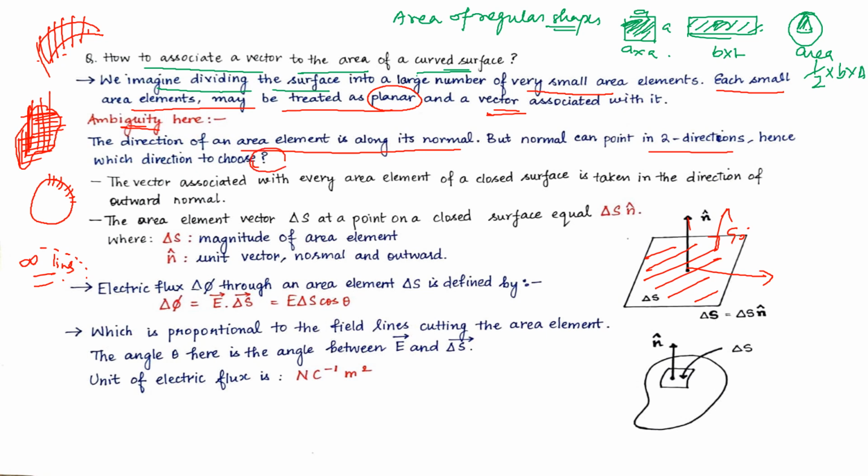The second question arises, which normal direction of the area element should be chosen? The vector associated with every area element of a closed surface is taken in the direction of the outward normal. Always we have to see that we are taking an outward normal instead of taking the inward or sideward, always outward.